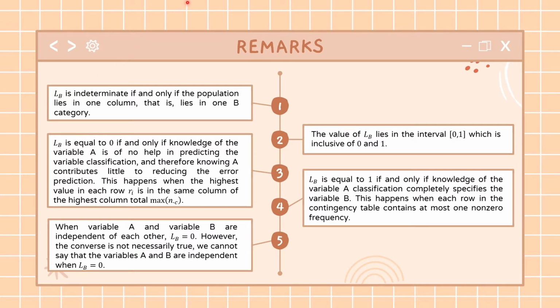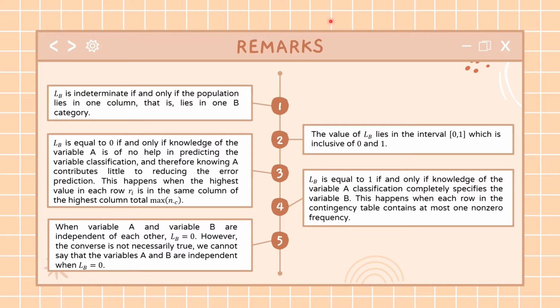Kung isa lang naman yung column mo, edi yung N mo, equal na rin siya dun sa highest maximum column total. Edi magiging N minus N lang din yung maximum column total. Kaya magzi-zero yung denominator mo. As well as kapag yung numerator naman, isa lang rin yung column mo. So, parang yung mga Rs of I mo ay same lang din.